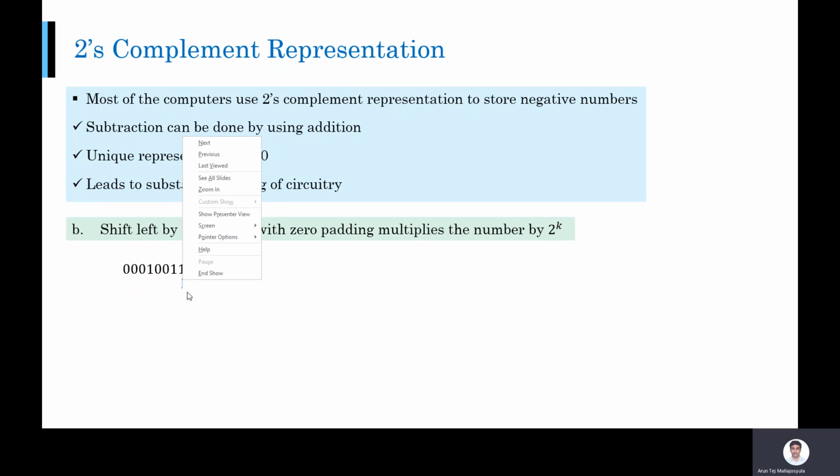So this will be 1, this will be 2, plus 4 is not there, 8 is not there, 16 plus 16. It is equal to 19. So this number is equal to 19. If you shift left by k position with 0 padding, it multiplies the number by 2 power k.